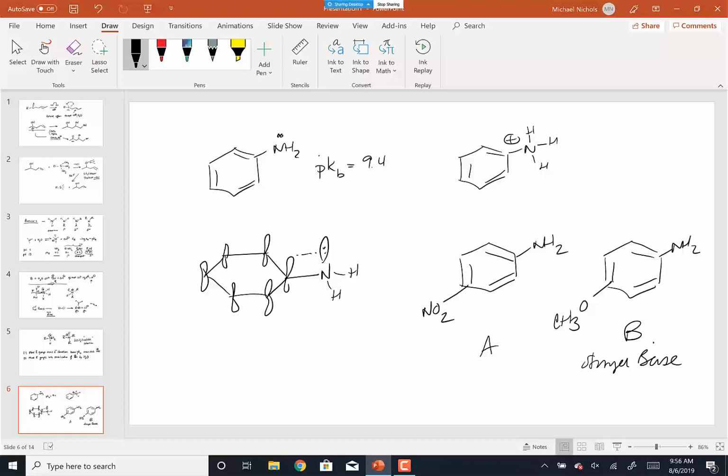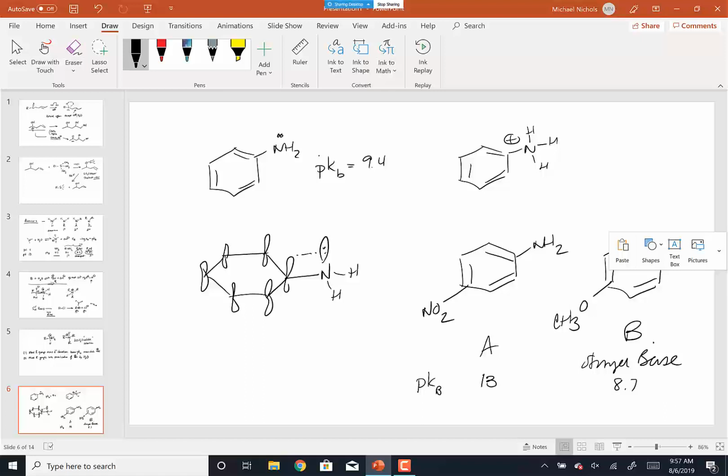And if we had their pKb values, we would say that nitro is 13 and the methoxy group is 8 points. So, pretty significant difference. So can you forget about the chart? Well, no, you can't forget about it because the final's coming.